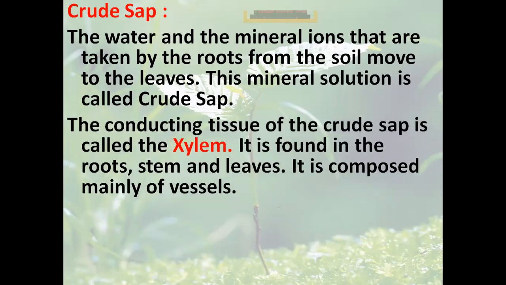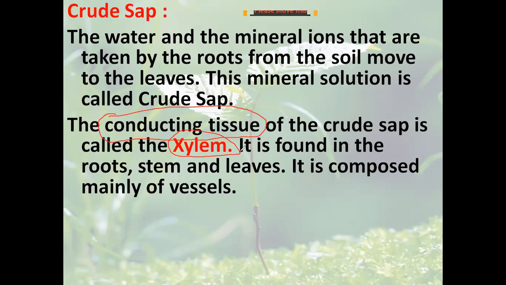The crude sap has a special driver, a special taxi. This taxi is called a conducting tissue or conducting vessels. This vessel is called the xylem. So xylem is the driver for the crude sap.